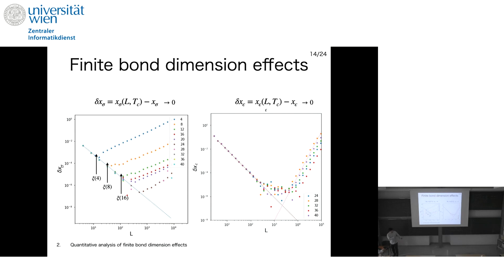Just like this. So I define this length scale as a kind of finite bond dimension effect, or correlation length that is caused by finite bond dimension. So for example, for this one, bond dimension 4, it diverges quickly.